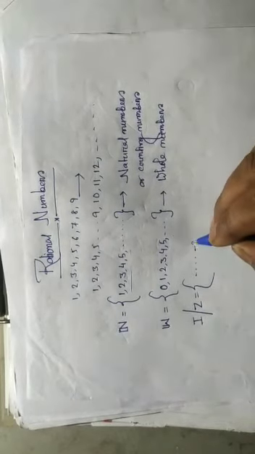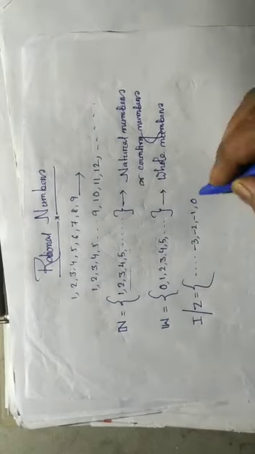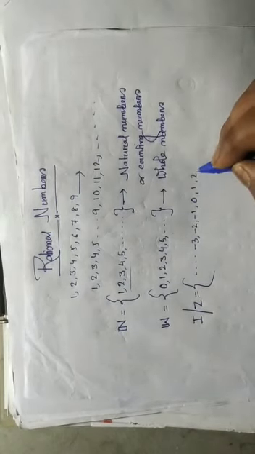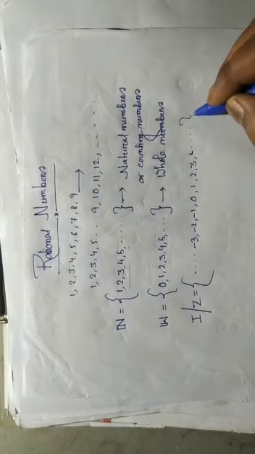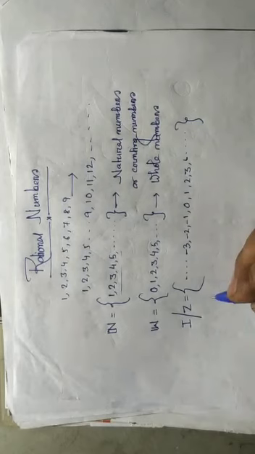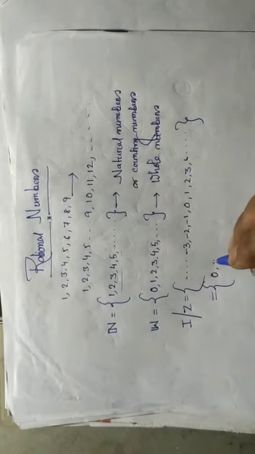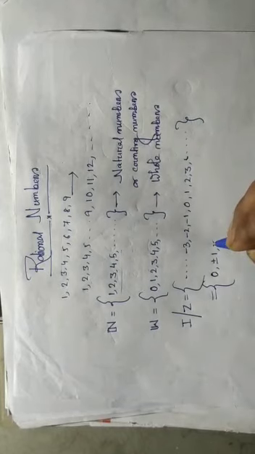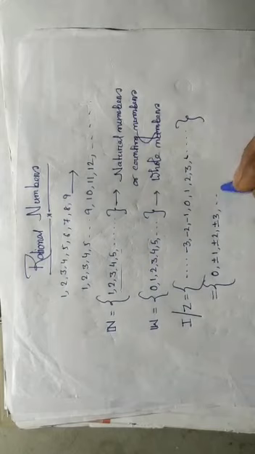All negative numbers, -2, -1, 0, 1, 2, 3, and so on. It can be written as 0, plus minus 1, plus minus 2, plus minus 3 and so on.